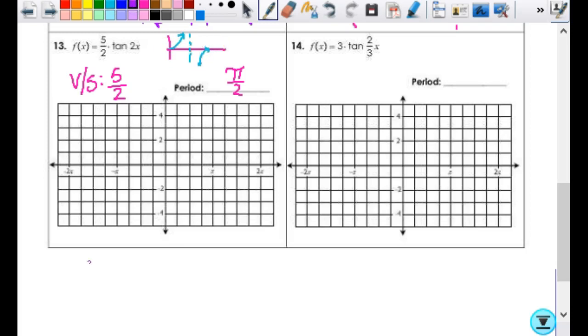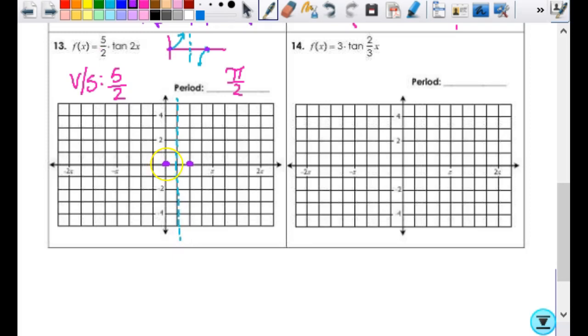All right, so 0, 0, I start there. The end of the period is at pi halves, right there. In between the two, I have an asymptote. Right? So I got that taken care of.